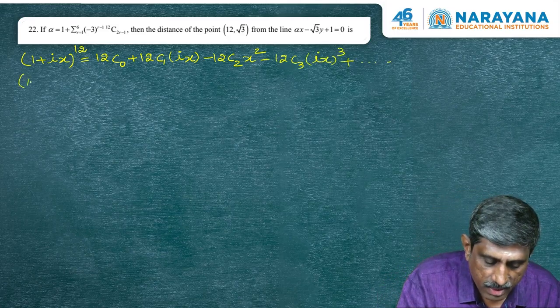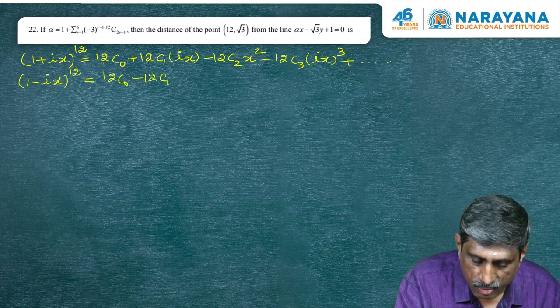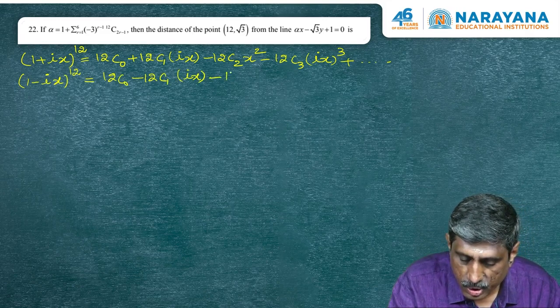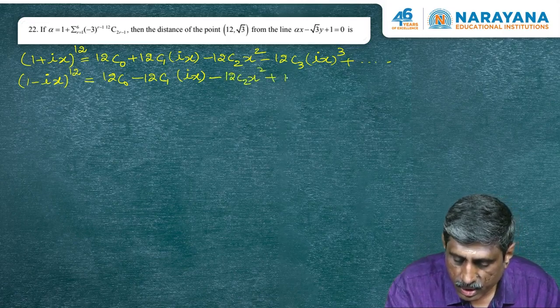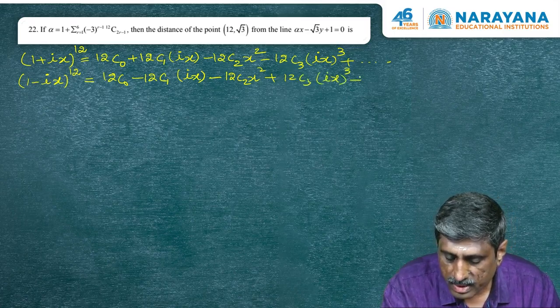Similarly, when we consider 1 minus ix whole to the power of 12, if we write, it is 12c naught minus 12c1 into ix minus 12c2 into x square plus 12c3 into ix the whole cube plus and so on.